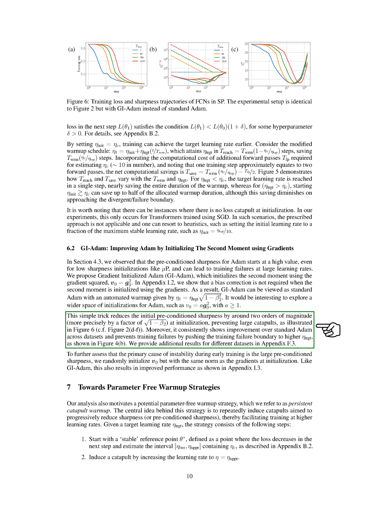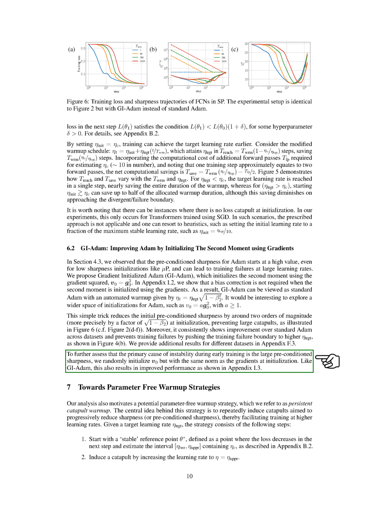GI Adam shows consistent improvement over standard Adam and pushes the training failure boundary to higher target learning rates. Further exploration of different initializations for Adam, such as v_0 equals a_g_0 to the power of 2, could lead to even better performance.